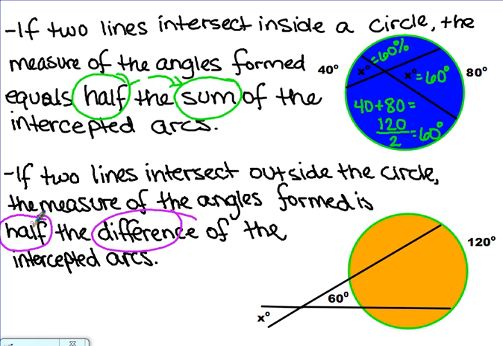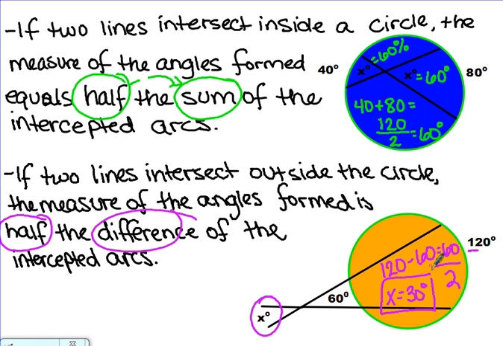So we're going to find the difference by subtracting 120, which is our bigger arc, minus 60, which is our smaller arc. 120 minus 60 is 60. In order to find what angle x is down here, we divide that by 2, and so x is going to equal 30 degrees. That rule applies anytime we have two intersecting lines outside of a circle.